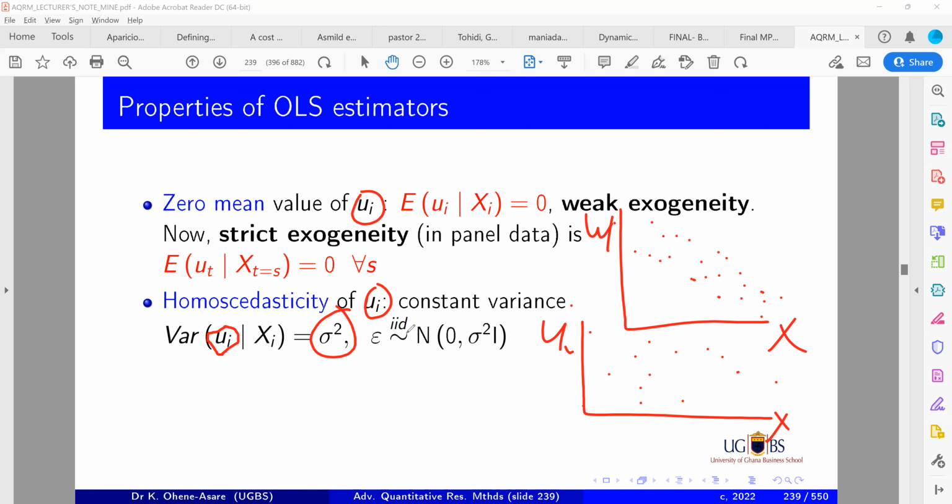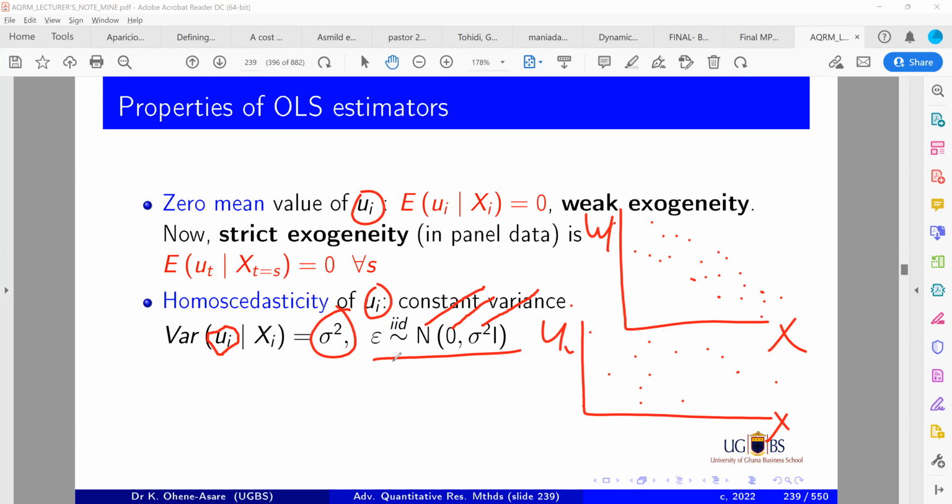So it means that when you were collecting the data, it was a random analysis that you did. This error term is normally distributed, that is the N here, with a zero mean and a constant variance. So this whole thing puts everything together for the first and the second bullet.